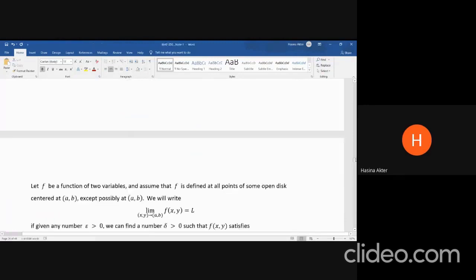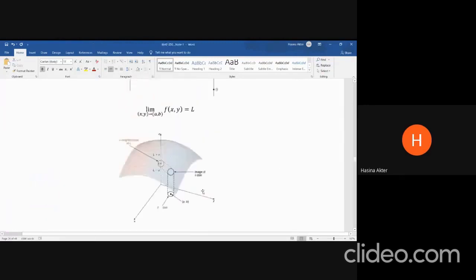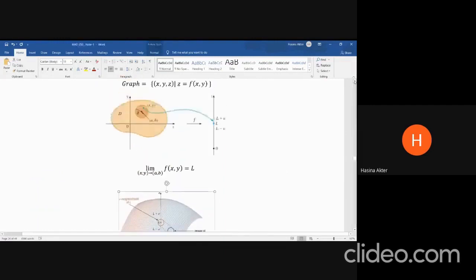Now let's see the formal definition. Let's put the pictures together on the same line.